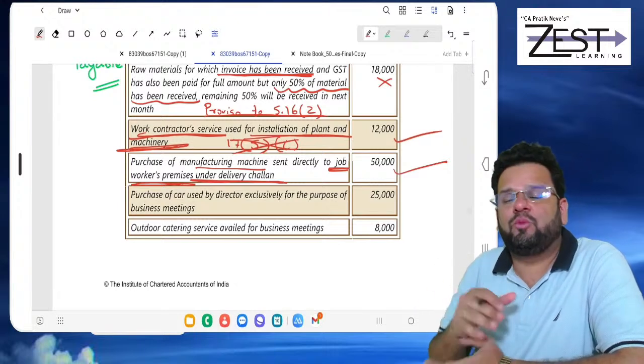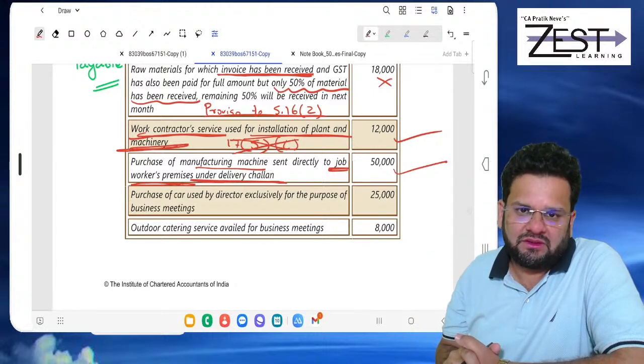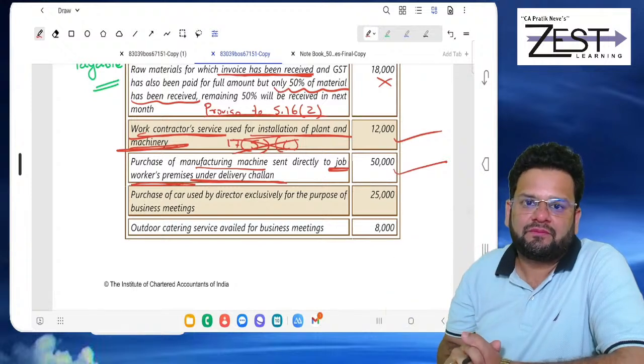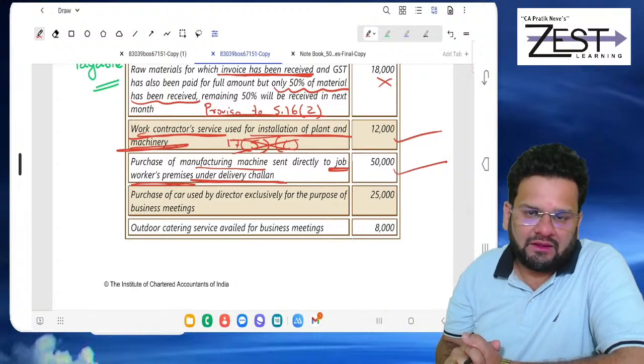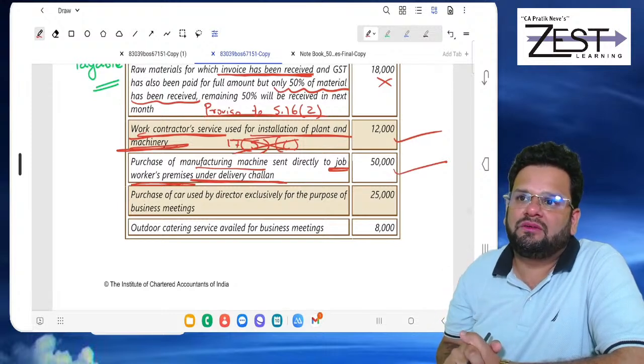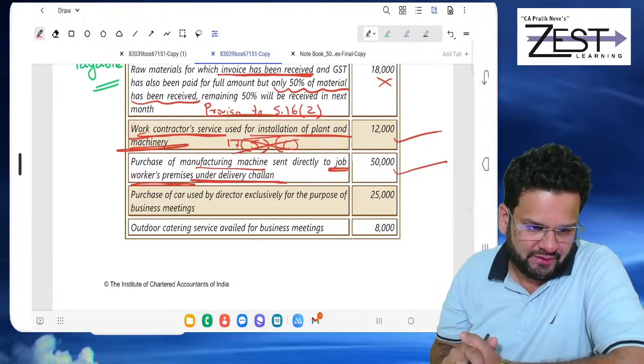Further, one more point: if you are sending goods to a job worker, like plant and machinery, then ITC will be allowed. When you go to section 19, you will understand this point again in depth.